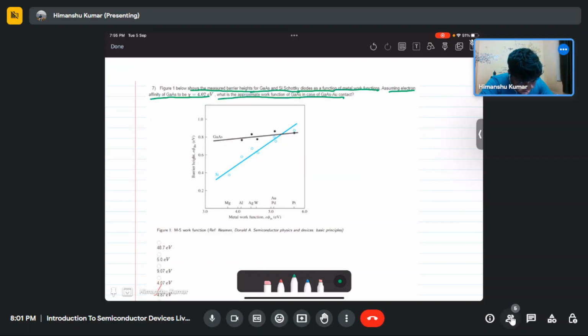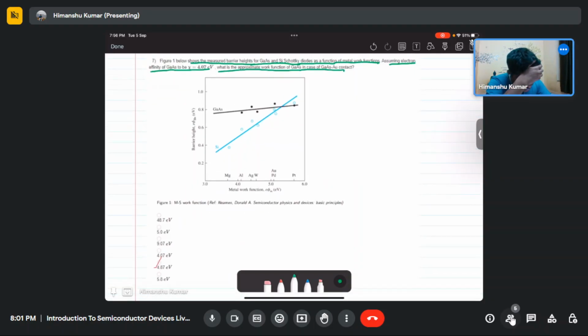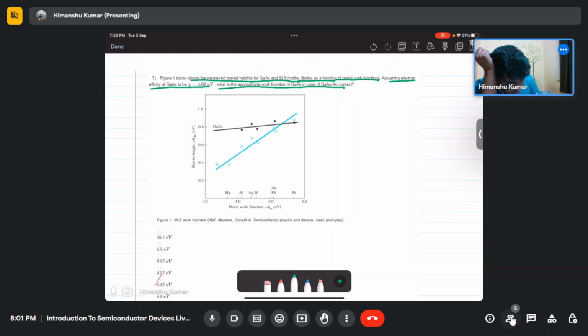So basically it's asked if we form the gallium arsenide gold contact, then what is the work function. This shows the barrier height as a function of metal work function, the measured barrier height of gallium arsenide and silicon Schottky diode.